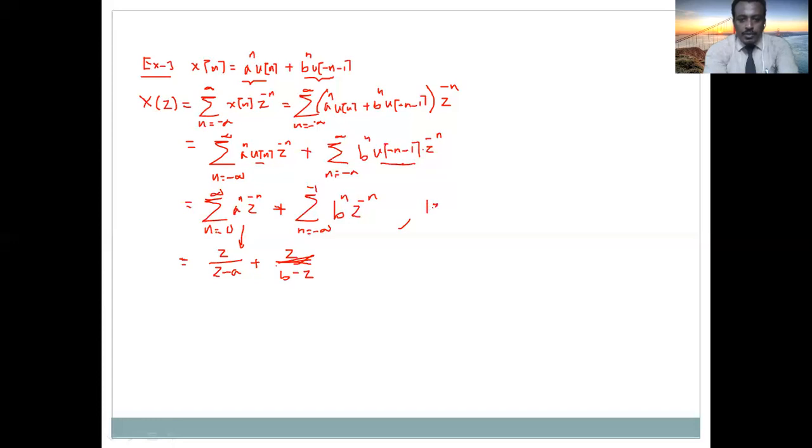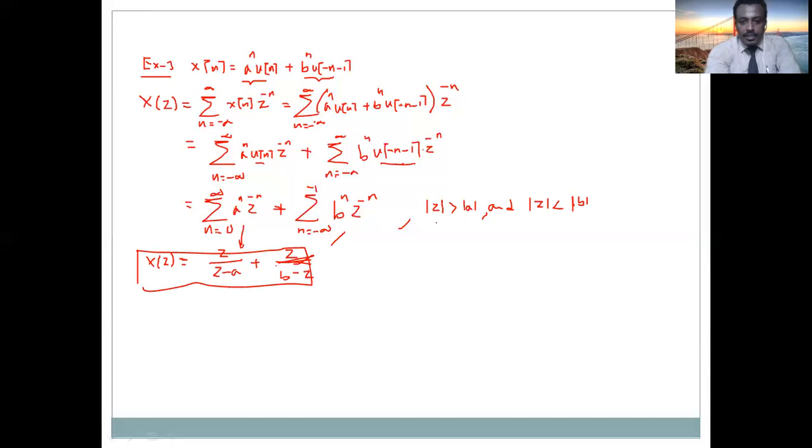The condition, absolute value of z, as we discussed in example 1, must be greater than absolute value of a. For the second one, as we discussed in the second example, absolute value of z must be less than b, right? So it is the intersection. So you see, this is the Z transform, X of Z is here.